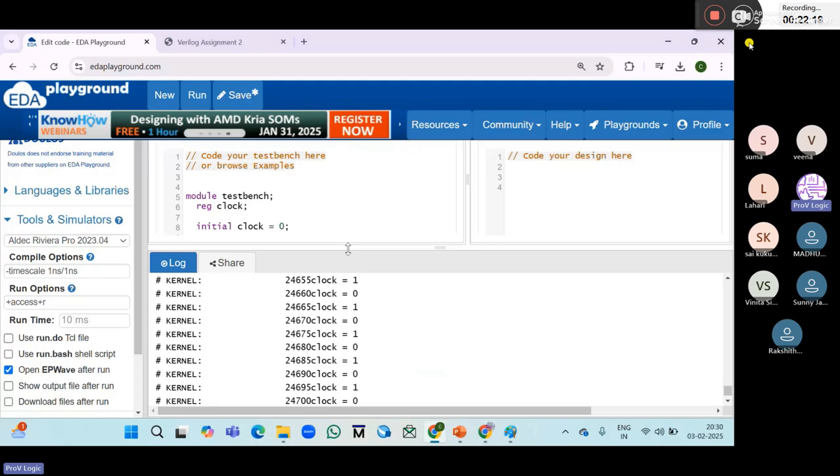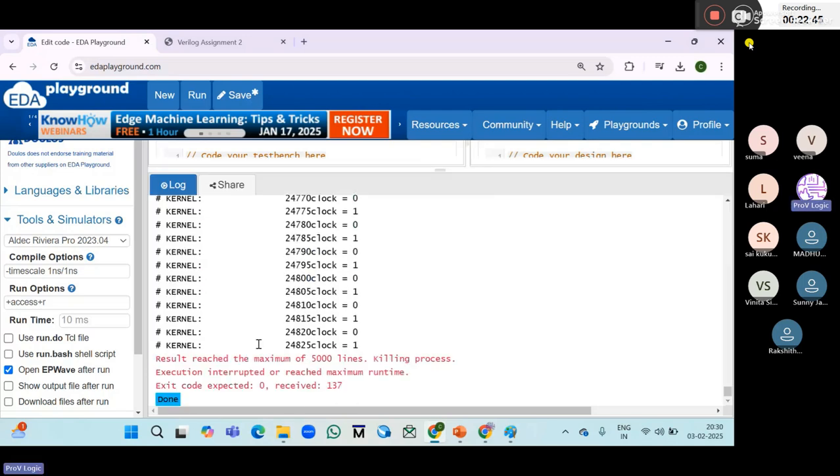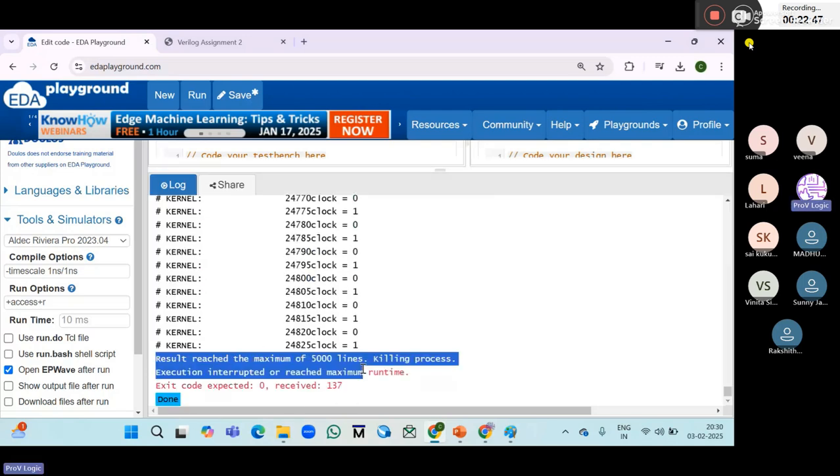As you already know, an always block keeps iterating. We didn't mention any stop signal or any system task to terminate the clock, so it keeps on running until it automatically reaches the maximum limit, and then the process is killed.